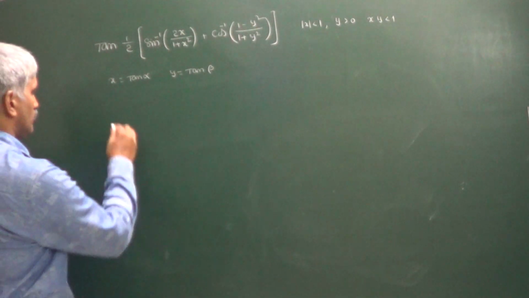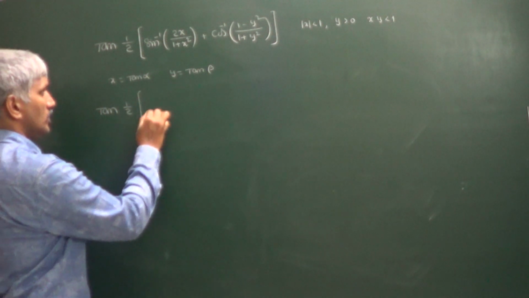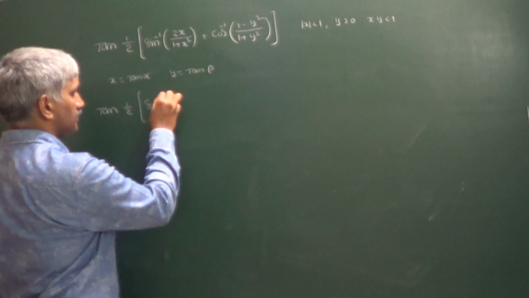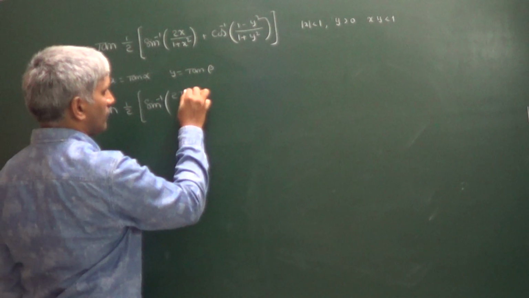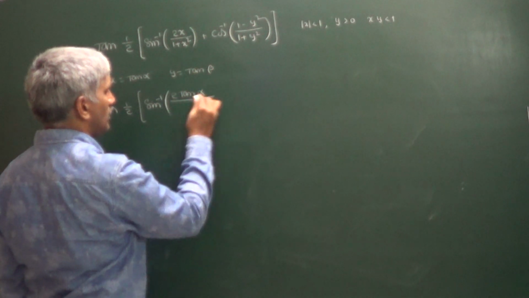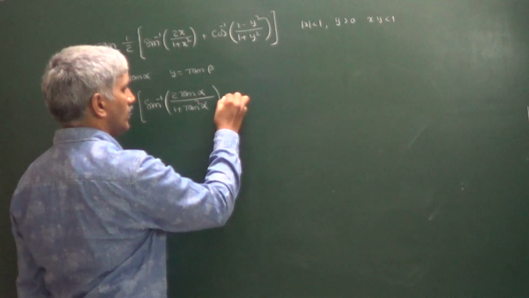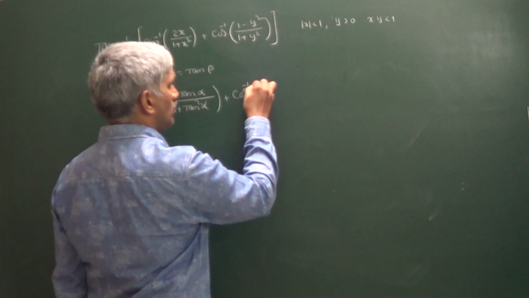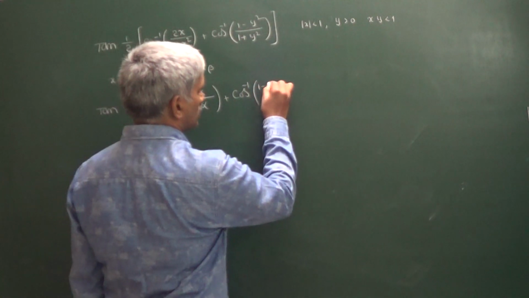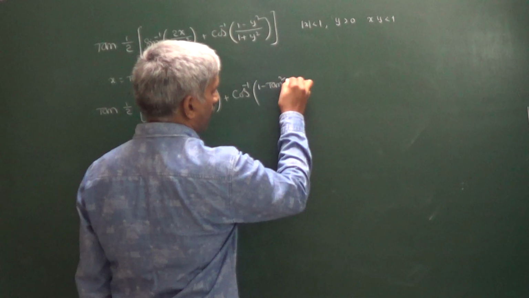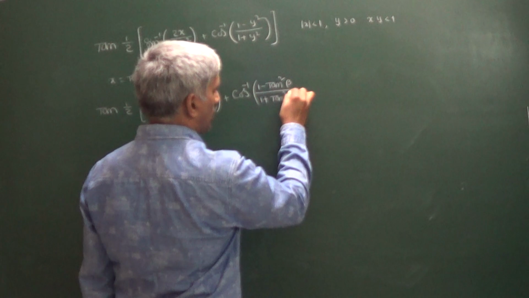Because of these substitutions, this is equal to tan of 1 by 2 into sin inverse of 2 tan alpha divided by 1 plus tan square alpha, plus cos inverse of 1 minus y square by 1 plus y square, meaning 1 minus tan square beta divided by 1 plus tan square beta.